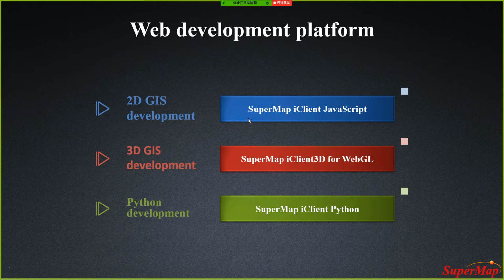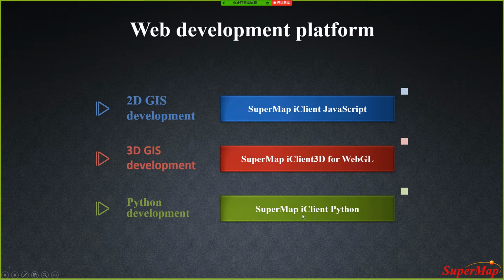The second is 3D GIS development. The 3D iClient platform is based on WebGL, and can be used to build plugin-free, cross-operating-system and cross-browser 3D GIS applications.